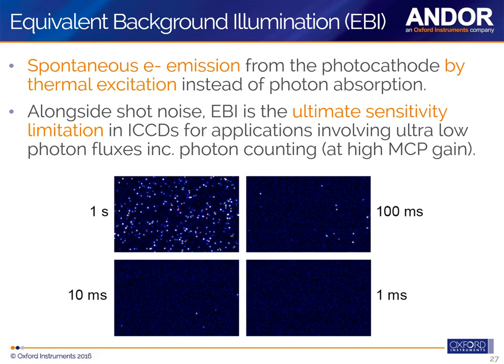And these events look exactly like single photon events. So if you're doing photon counting applications or single photons, this EBI noise will be a factor impacting the statistics and the quality of a single photon detection. So alongside shot noise, EBI is the ultimate sensitivity limitation in ICCDs.